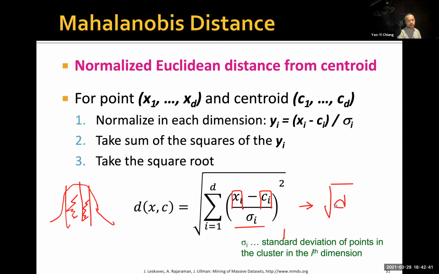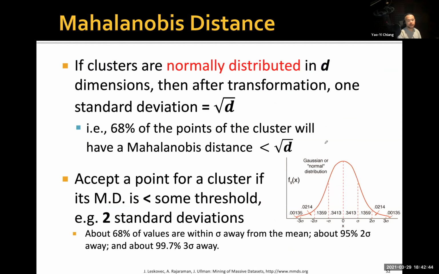If we know this, we are able to have some informed way to generate a threshold for this Mahalanobis distance. If clusters are normally distributed in these d dimensions, which is the case in our algorithm because we assume this, then after our transformation, the way we calculate the Mahalanobis distance, one standard deviation away from a centroid means square root d away from the centroid.